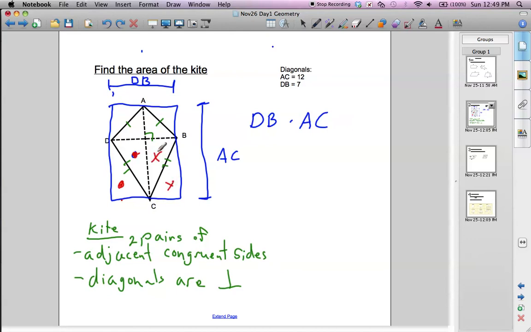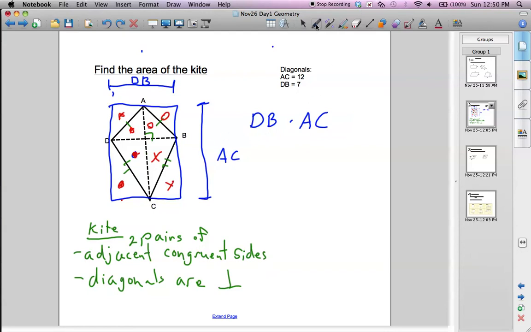This triangle and this triangle exactly the same. This triangle exactly the same. And this triangle exactly the same. So basically the kite is half the area of the rectangle because of that.